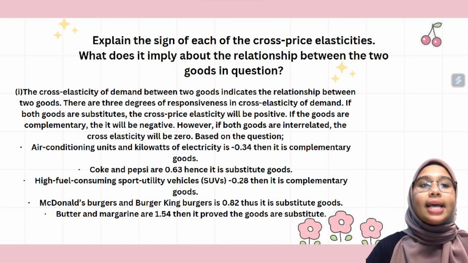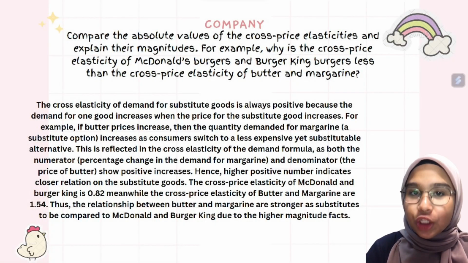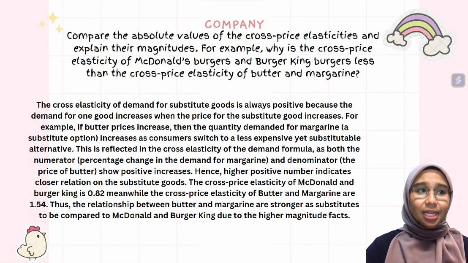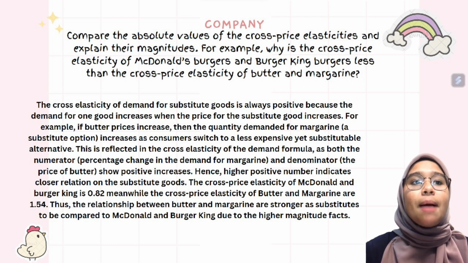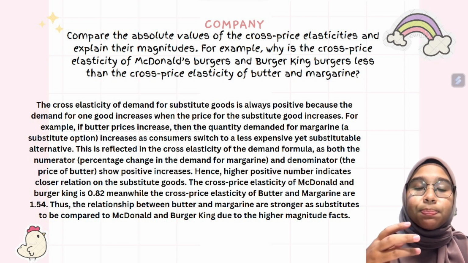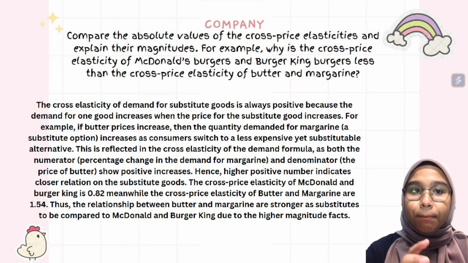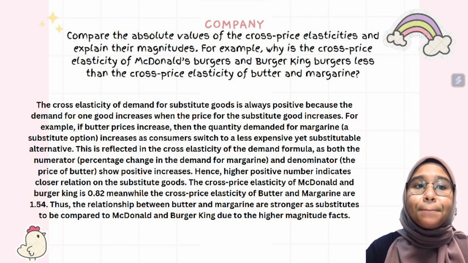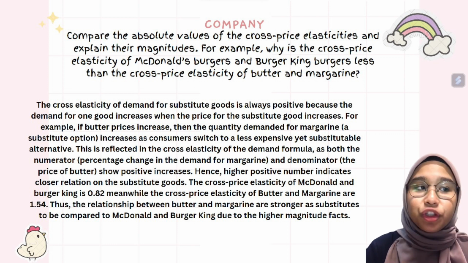And we move to the second part of question 3. So we need to compare the absolute values of the cross-price elasticities and explain their magnitude. For example, why is the cross-price elasticity of McDonald's burgers and Burger King burgers less than the cross-price elasticity of butter and margarine?